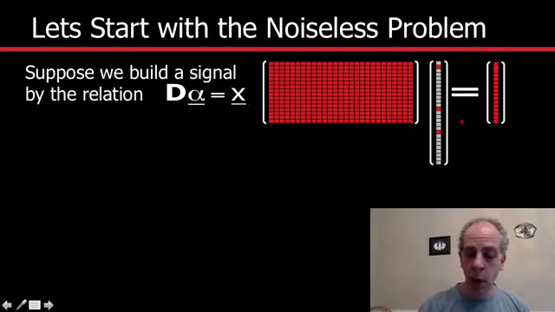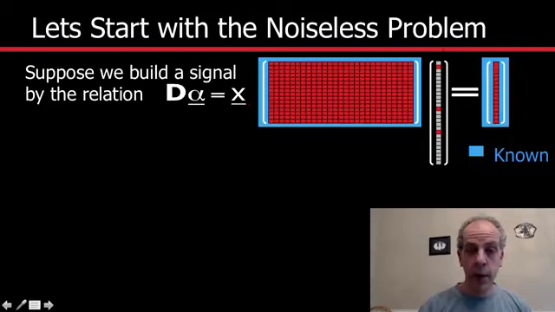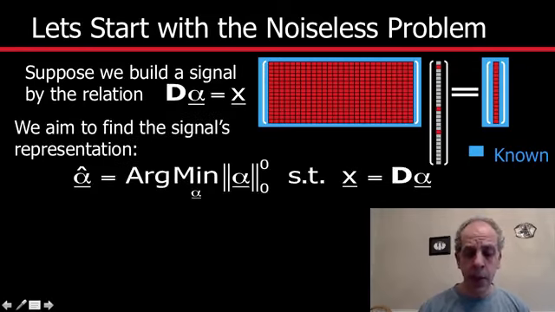And now our goal is to find back this alpha. So now we know the dictionary and we know the signal and we want to compute its sparse representation. That's our goal right now. As we said, later on, we're going to discuss how to compute the dictionary itself.